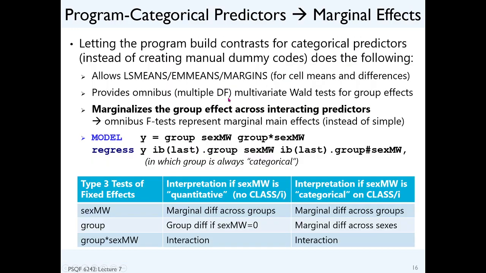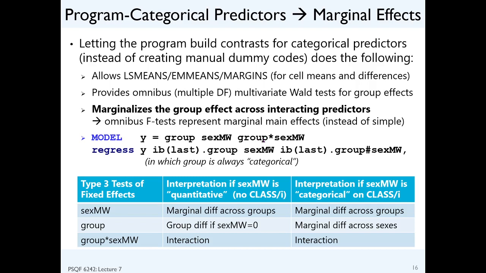So in this case, here are 3 different renditions of what it would mean to have what is actually the same model but specified differently. Let's say that I had gender as a binary predictor, 0, 1, and I've got my group here. In each case, I'm saying that group is categorical. I'm going to let SAS or Stata do that coding for me, so it creates those 4 internal contrast variables.